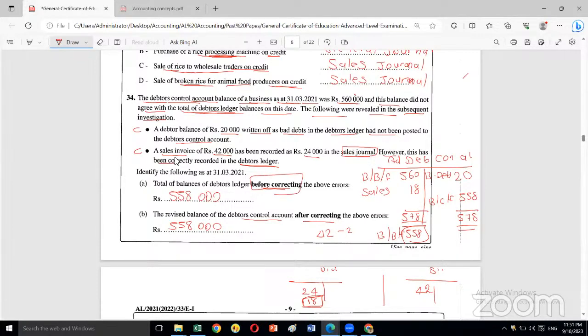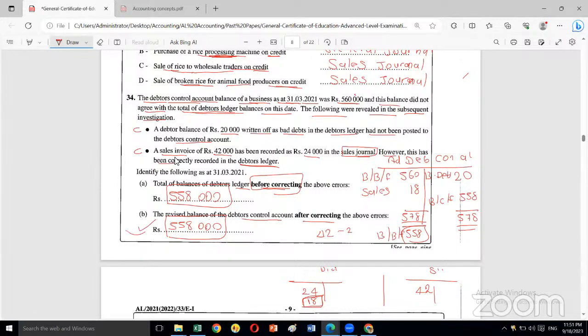So the adjusted debtors control account balance should be equal to what? The debtors list balance, because they didn't make any errors in the ledger. They made errors only in the debtors control account.